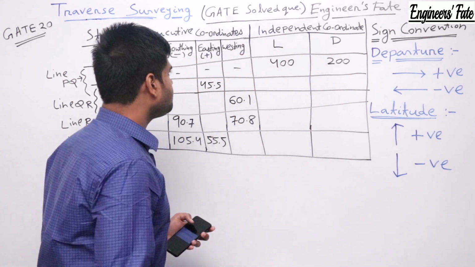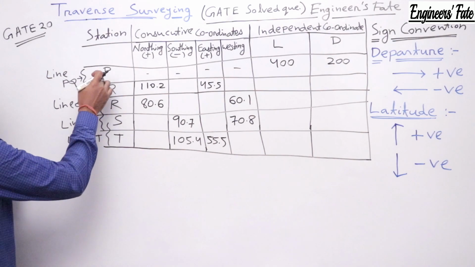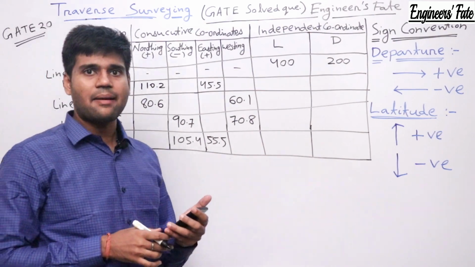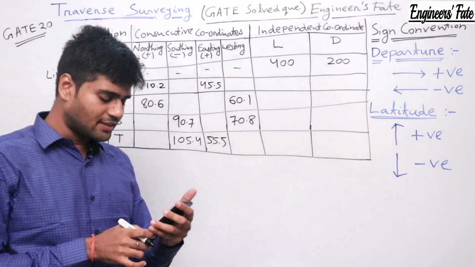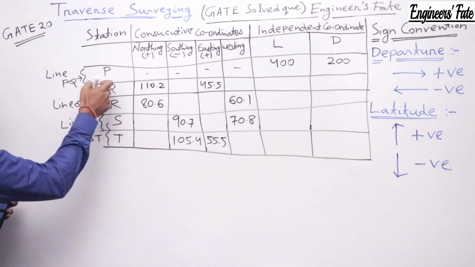So let's start. He has mentioned in the form of line in the question, but I have to write a table in such a manner that I can write it station wise.